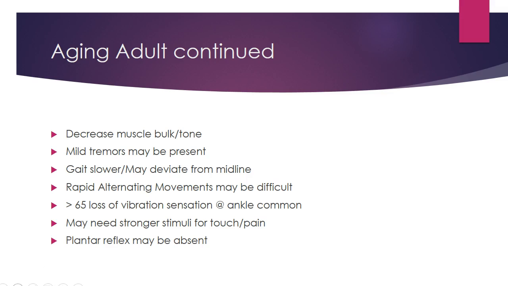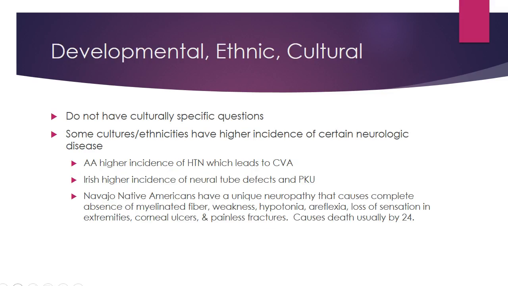They may have difficulty with rapid alternating movements. Once a person is greater than 65, loss of vibration sensation at the ankle is common. They may need stronger stimuli for touch or pain, and their plantar reflex can be absent.